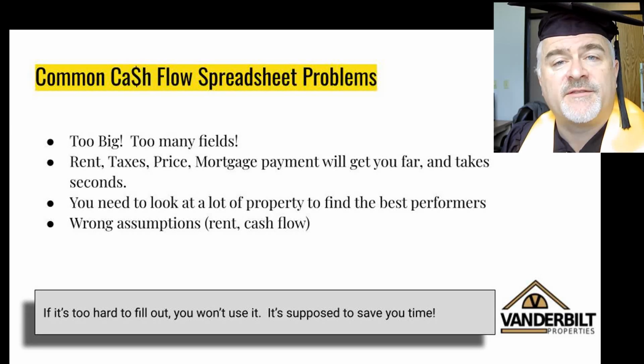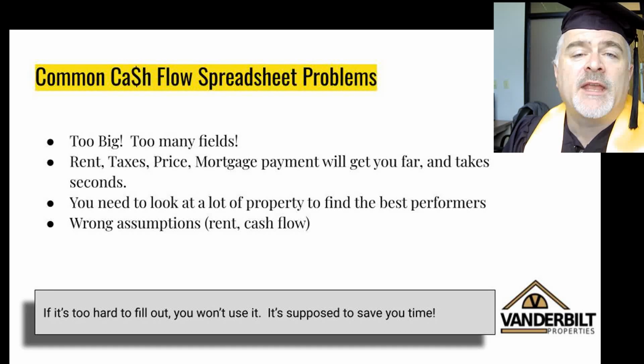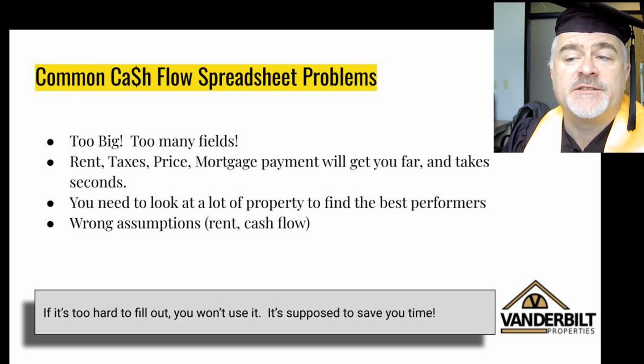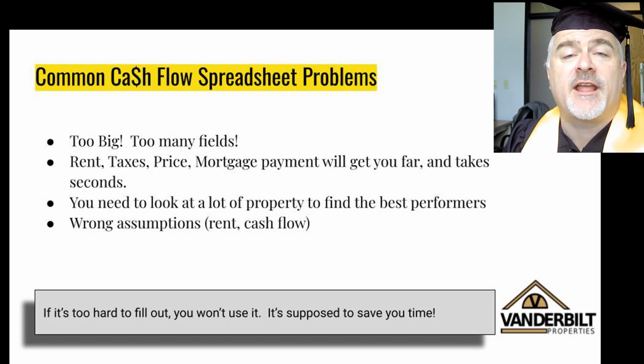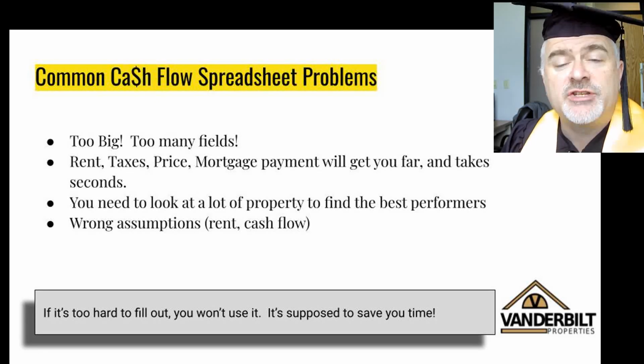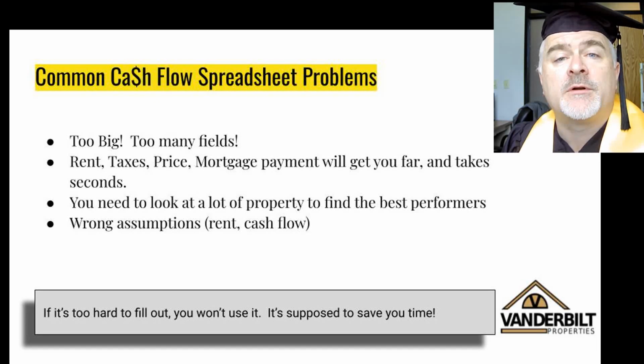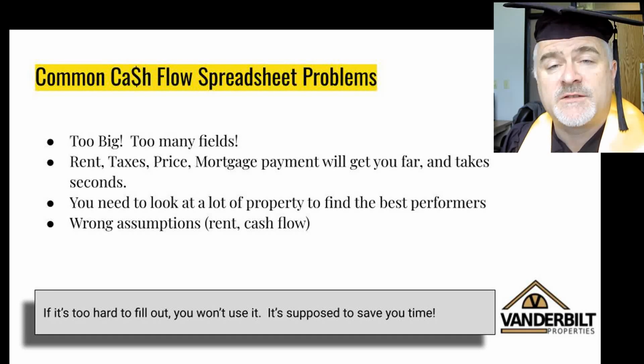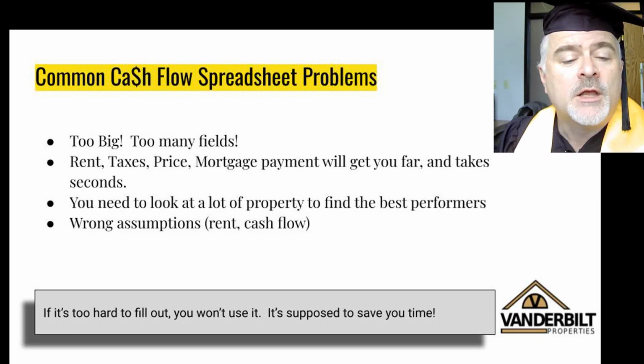That's not what the world of investment property usually looks like. If it's too big and has too many fields, you're going to be spending your Saturday afternoons filling in the spreadsheet, trying to chase down those numbers. In the meantime, a more sophisticated investor is going to be writing an offer on the property, and by the time you figure out it's a good deal, it's going to be gone. So that's not what you want.